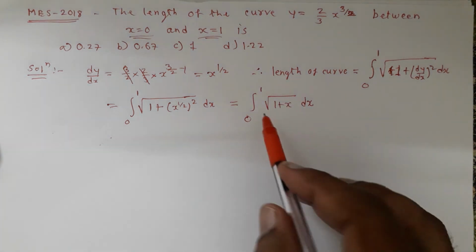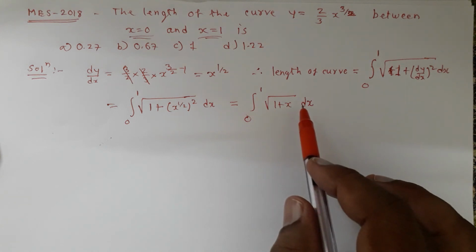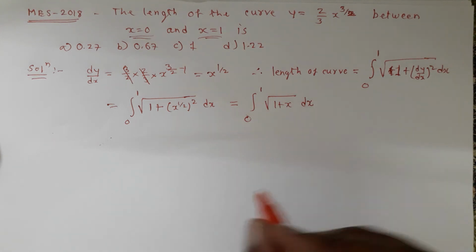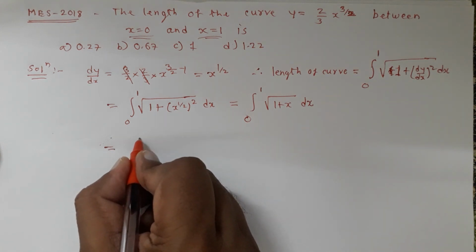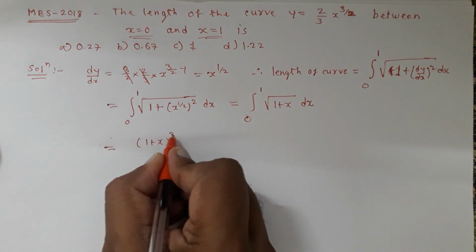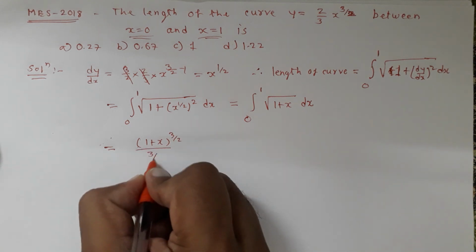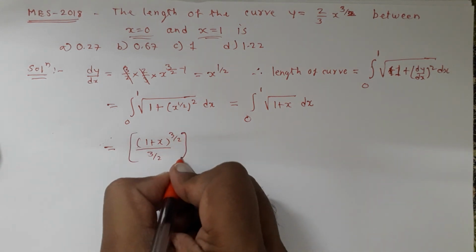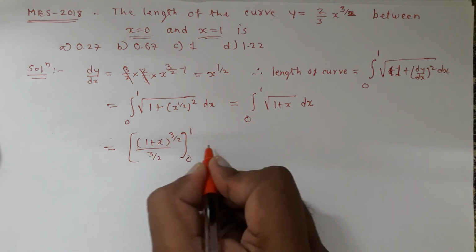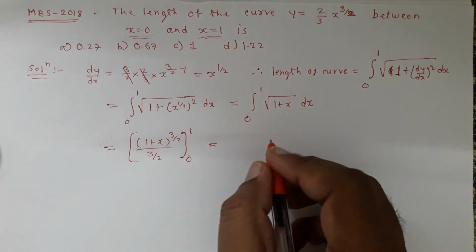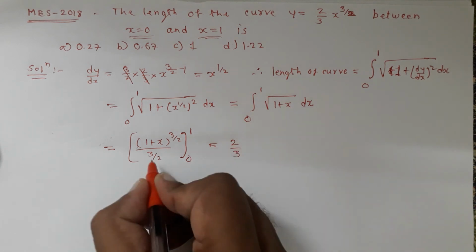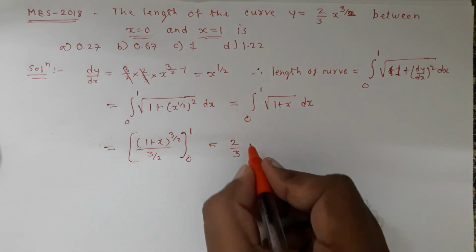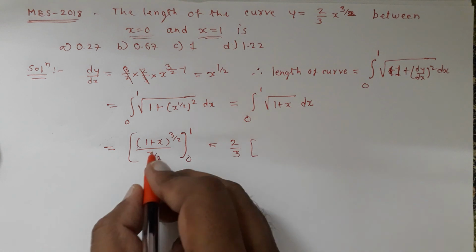Now we know the integration of root of x will be x raised to 3 by 2 upon 3 by 2. So its integration can be written as (1 plus x) raised to 3 by 2 divided by 3 by 2 in limits from 0 to 1. So this is equal to 2 by 3 into (1 plus x) raised to 3 by 2.